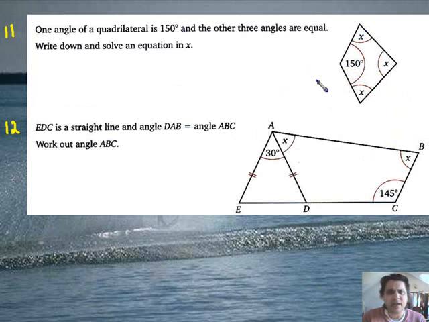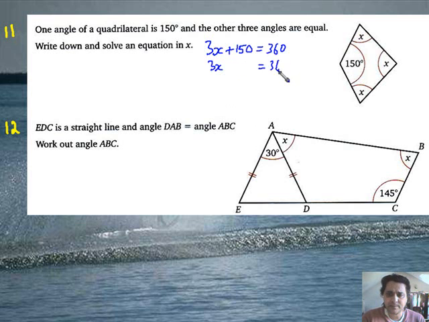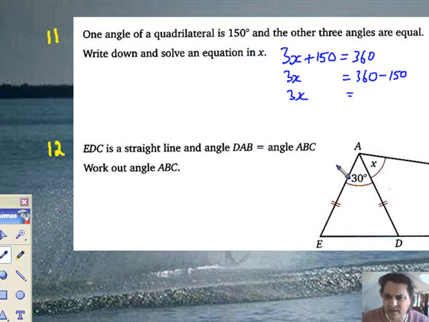Now you know the whole thing adds up to 360, so I've got 3 x's plus the 150 all come to 360 degrees. Let's get rid of the 150 and subtract. So these 3 mystery x's are 210 degrees in total.